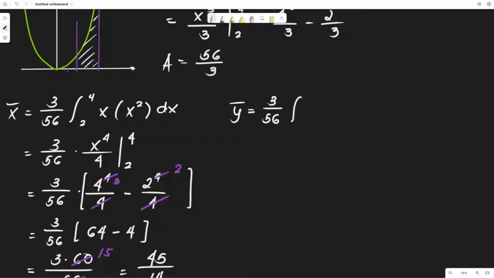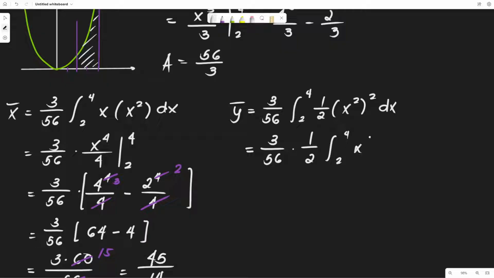Okay? So we have the integral from 2 to 4 ng 1/2 times x squared squared dx. So we have 3 over 56 times 1/2 times the integral from 2 to 4 ng x to the 4th dx.